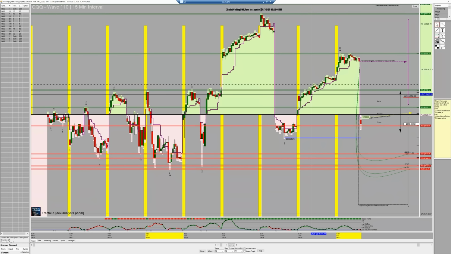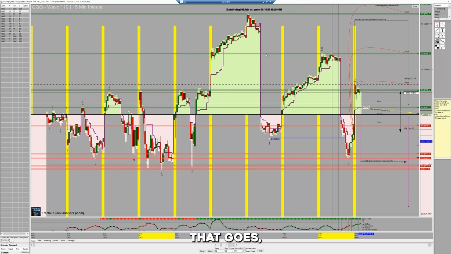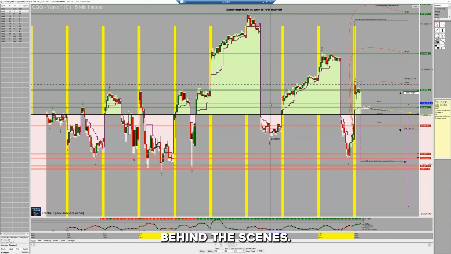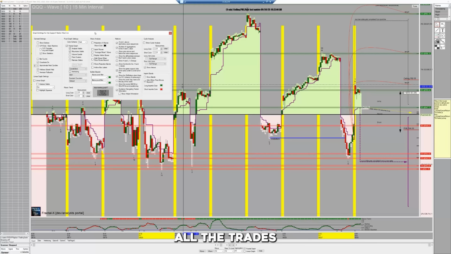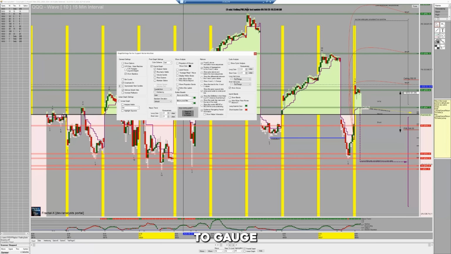Raghav, let me help you. The purple vector is a line plotted by a machine learning system that goes on behind the scenes, and it's actually testing all the trades to gauge the strength of the bullish and bearish move.